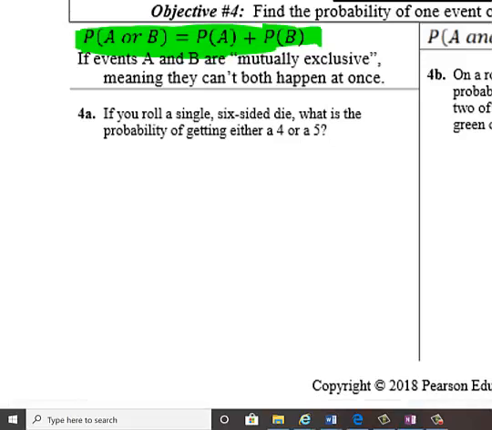Just for something simple, if I was dealt a card out of a deck of 52, like we were talking about before, and I said, I'll take a king or a queen, I'd like to know what the probability is of getting a king or a queen. You're not really specific. You'll take either one. So there's a formula for that.